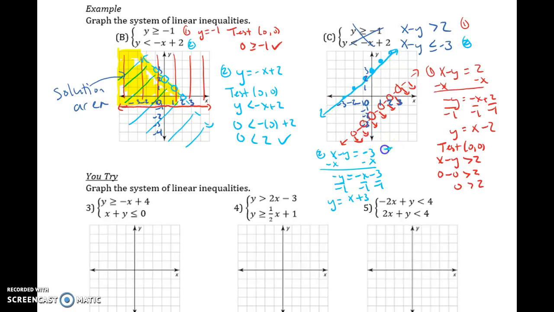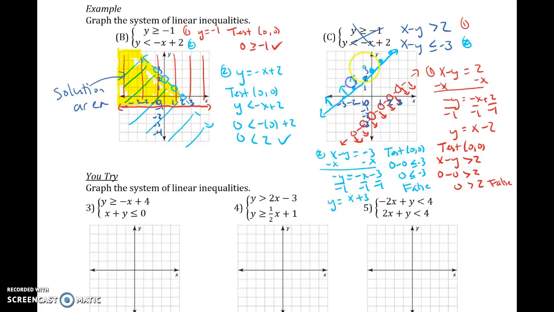Then I'm going to go ahead and test 0, 0 again, because I can, into the original problem. So 0 minus 0 is less than or equal to -3. 0 is definitely not smaller than -3, so this is false. Just like that one earlier was false, right? This is false too. So I'm going to go ahead and shade above that line, so going away from 0.